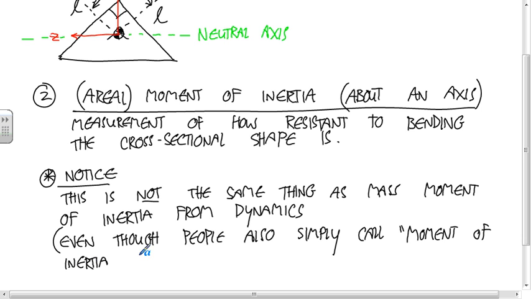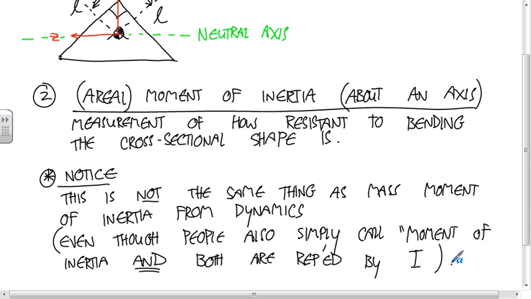And both are represented by a capital I. Okay, that seems like it's just asking for trouble in understanding. And I've talked to a lot of people who've finished engineering school, finished master's degrees or whatever, and never noticed that those two things are different things. But one is a resistance to bending, and one is a resistance to rotation. Okay.